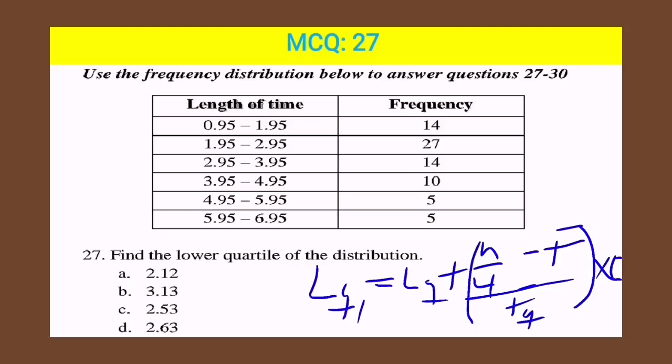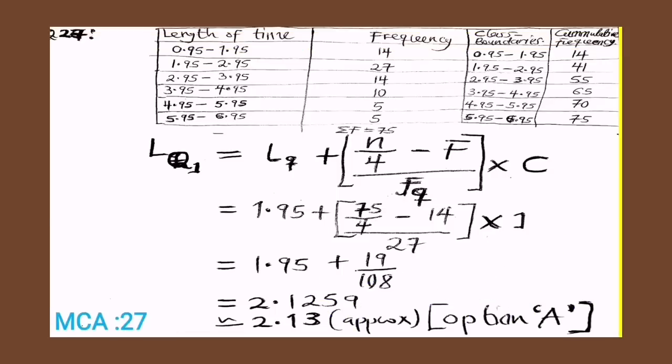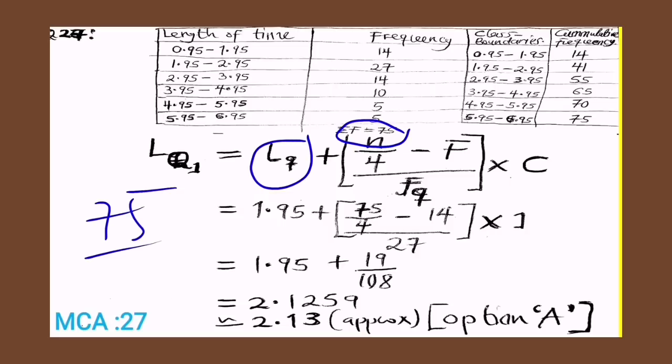So let's see how it was solved here. This LQ, the small LQ, is the lower boundary of the quartile class. In this case, our total frequency was 75. To determine the quartile position, it is 75 divided by 4, and that is going to give you 18.75.